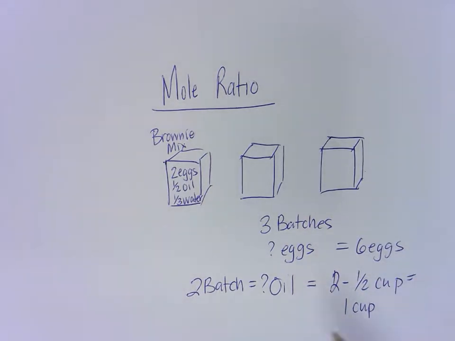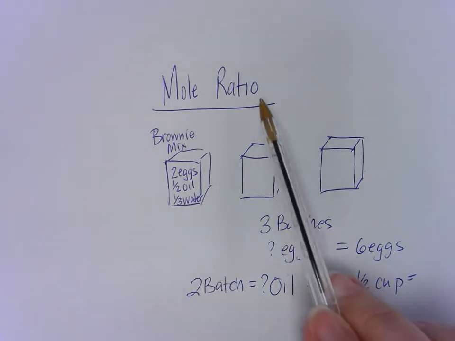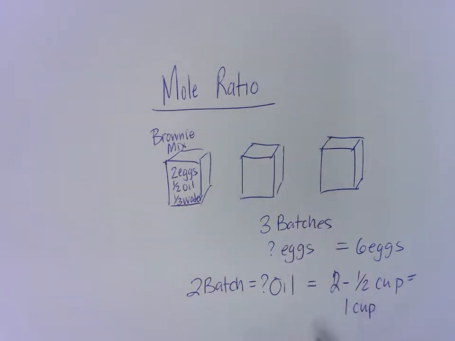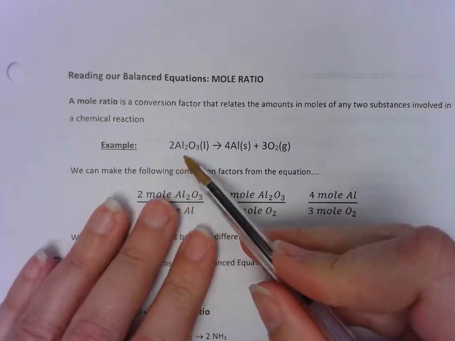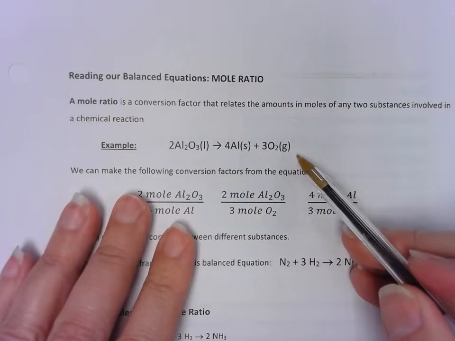So you can use the recipe as a ratio to determine reactants needed or products depending on what you're being asked to solve. So we can take that a step further, and we can look at a balanced chemical equation, and we can predict the same information.